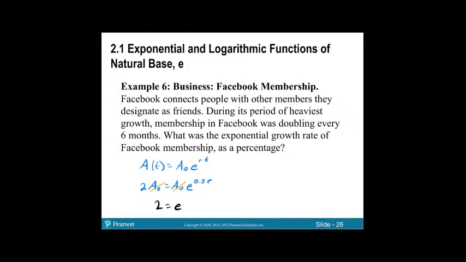Then if we take the natural log on both sides, we're going to have the natural log of 2 equals 0.5r. So then the rate of growth is going to be the natural log of 2, or you can say the natural log of 4. There's a couple of ways you can look at that.